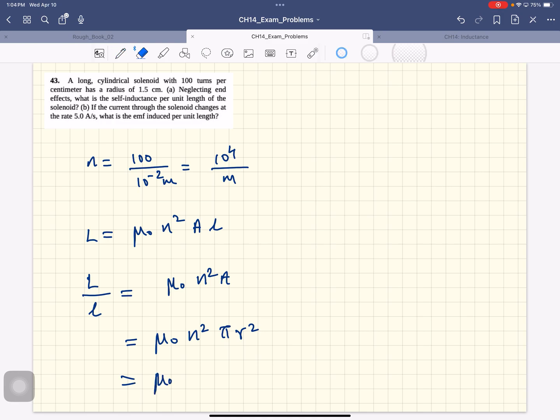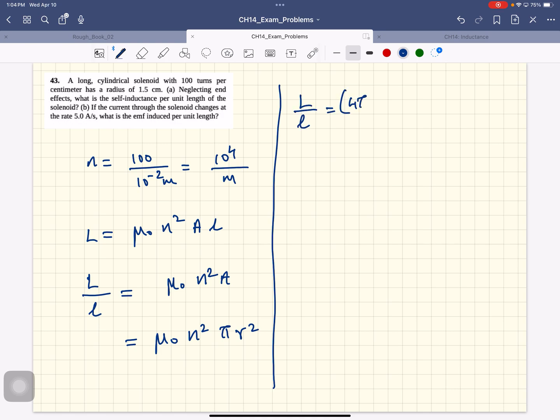So we'll put in these things. Inductance per unit length: mu naught is 4 pi times 10 to the minus 7 Tesla meter per amp. N we just found is 10 to the 4 per meter, squared, and area is 0.015 meters squared.